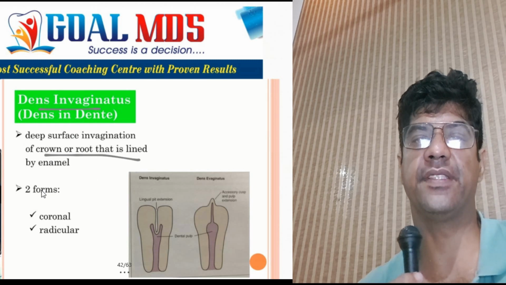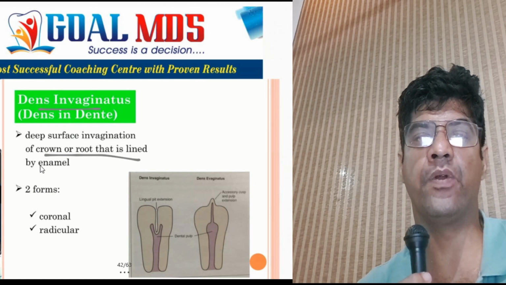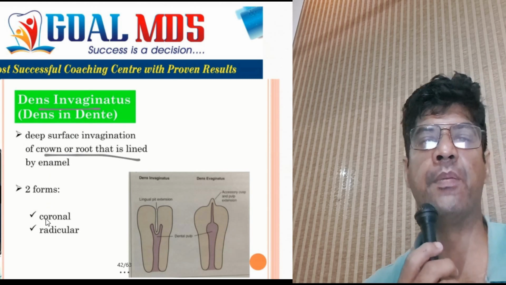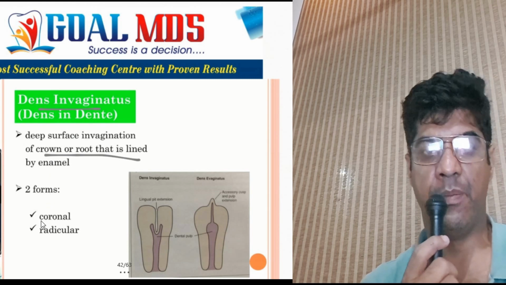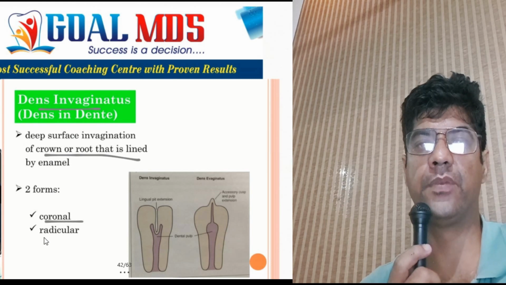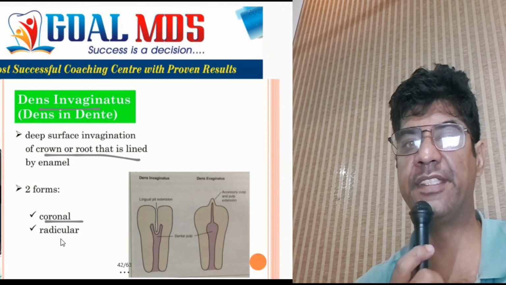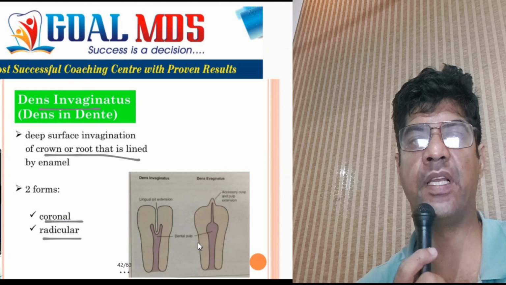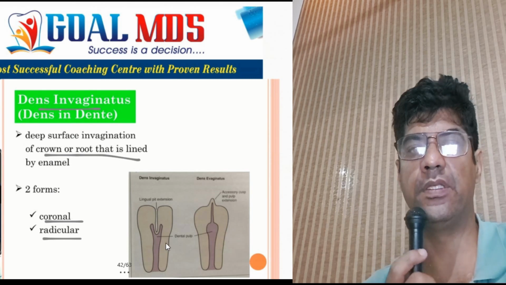Dens invaginatus is a condition where the crown or root of the tooth develops a steep fold lined by enamel. So they can be coronal, present in the crown, and the radicular form. Coronal dens invaginatus is more common, seen in the front teeth, permanent lateral and central incisors, as well as premolars, canines and molars.